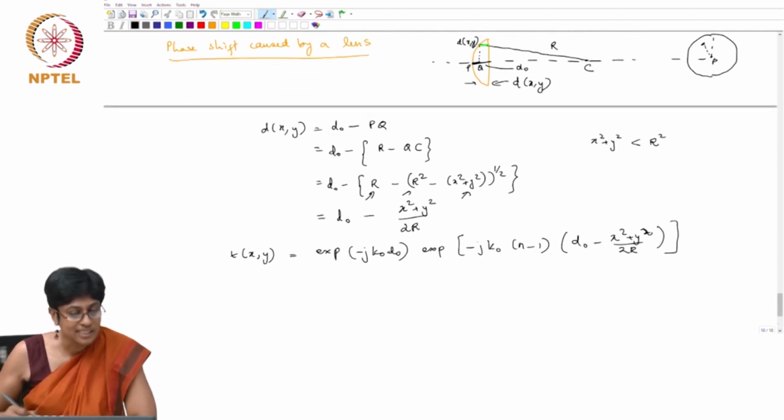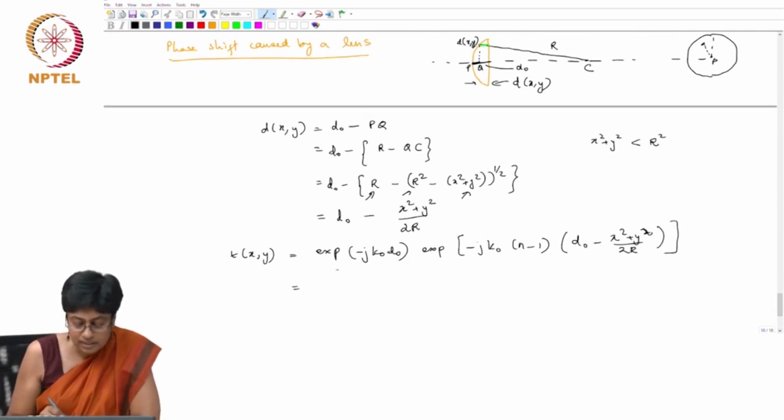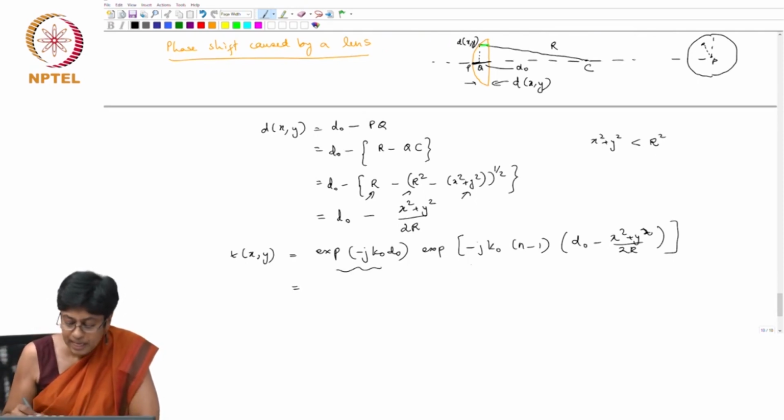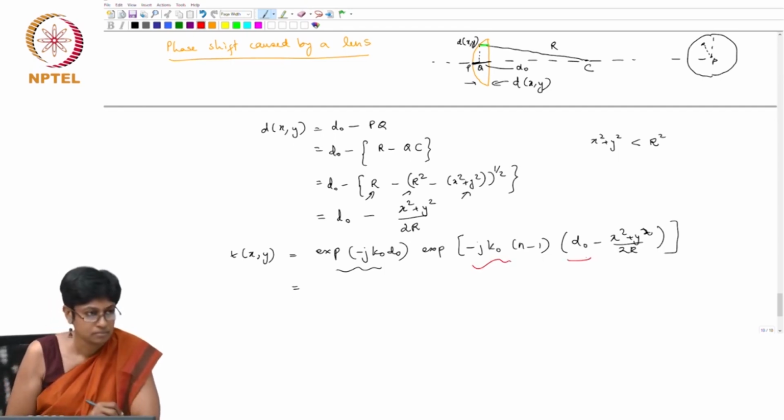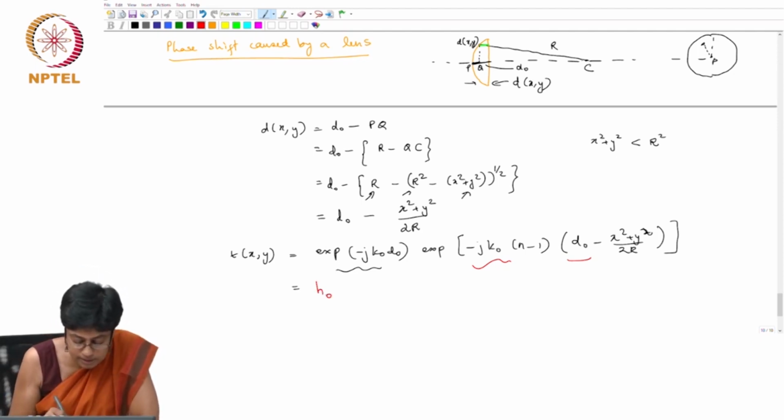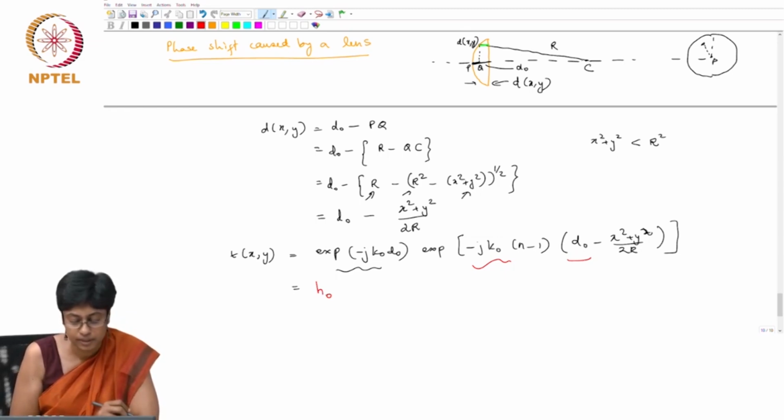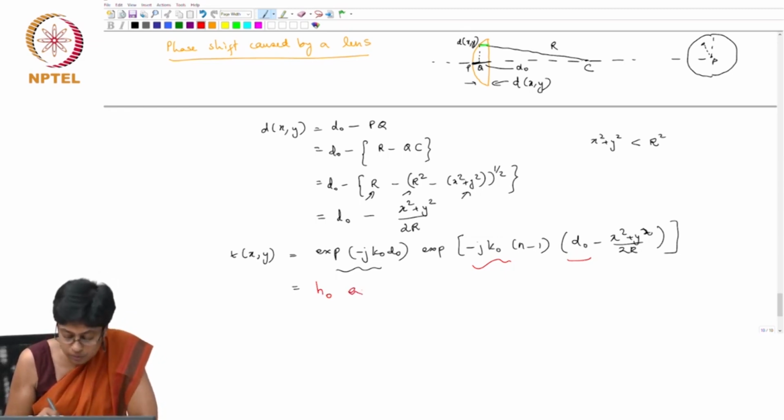So again, you see for the lens, this is a constant term, and so is this part, this product. This is also a constant. So I can write all the constants as some h naught. What are you left with?